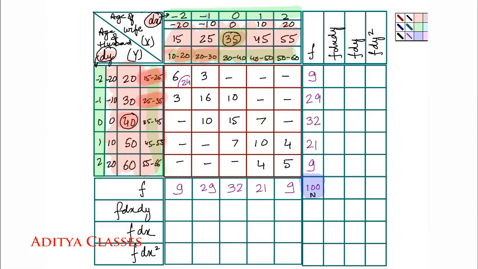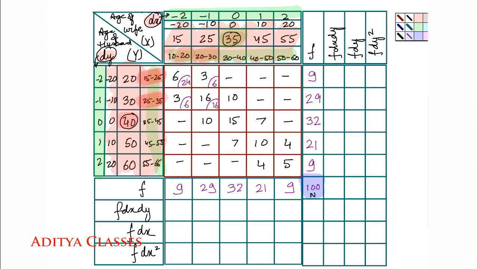Then 3 multiplied by -1 multiplied by -2 would give me a total of 6. 3 multiplied by -2, this -2 multiplied by -1, giving me a total of 6. 16 multiplied by -1 multiplied by -1, giving me a total of 16.